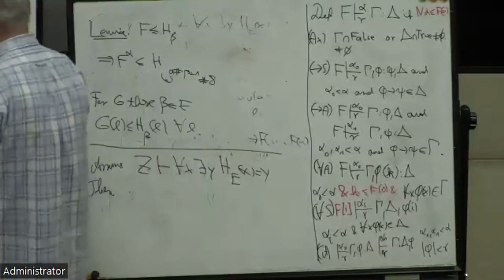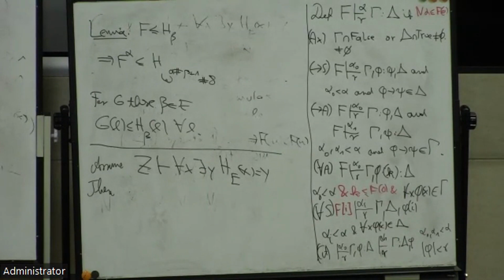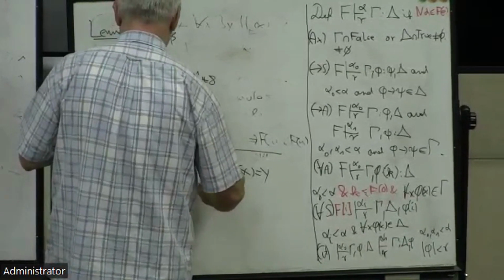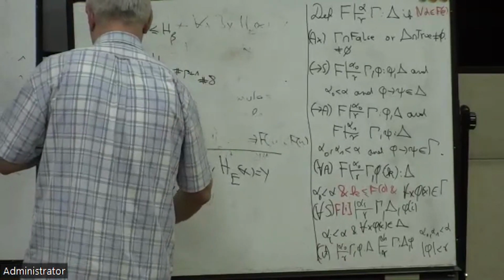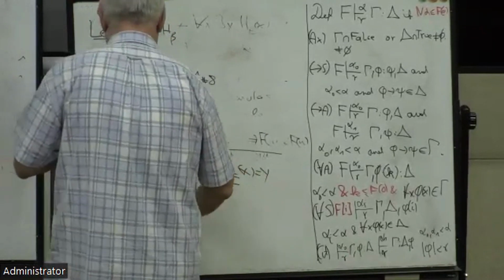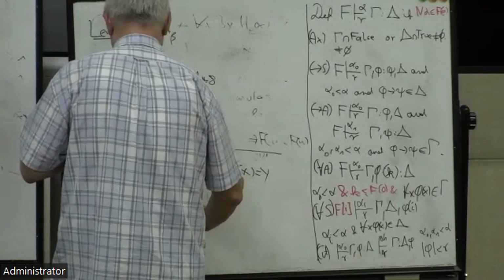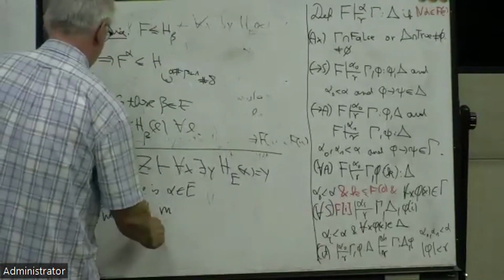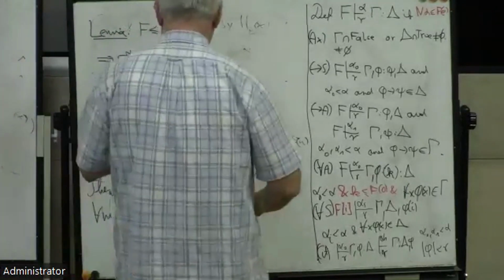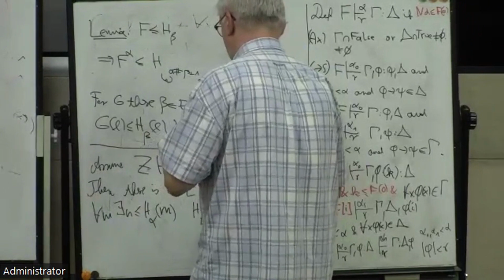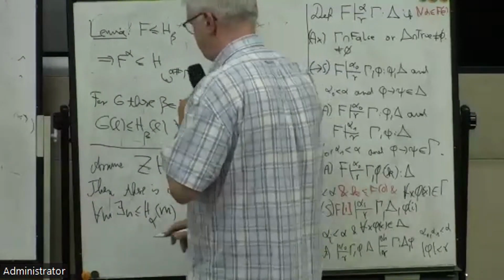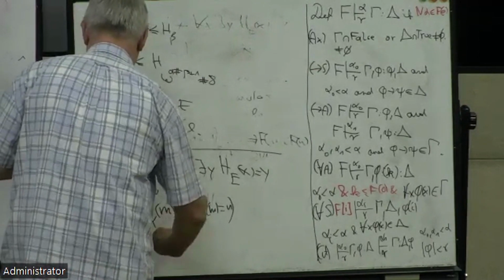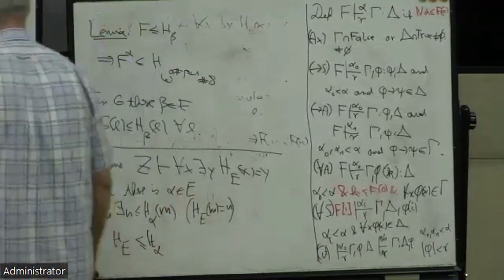But assume that Z proves this, then by our theorem, which we proved already, there is alpha in E such that for all M, there is an N less than or equal to H alpha of M such that H E of M is equal to N. So what this means is basically that H E would be dominated by a fixed H alpha.